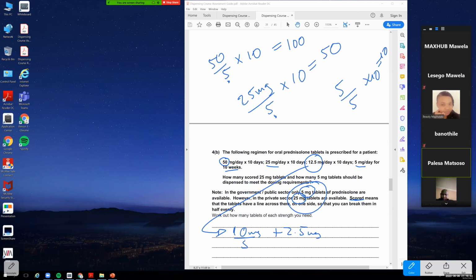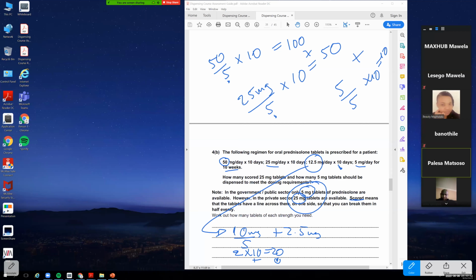And they say for how many? It's for 10 days also, right? So it will be your 5 divided by 10, it gives you 2. 2 times 10, it gives you 20, right? So at the end of the day, you will say 100 plus 50 plus 10 plus this 20 here, right?